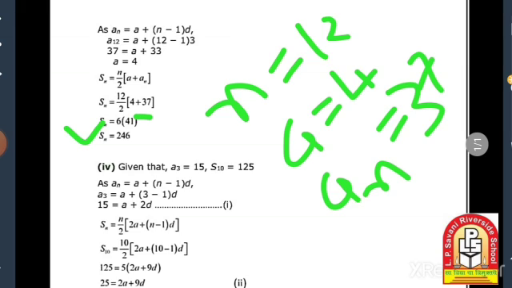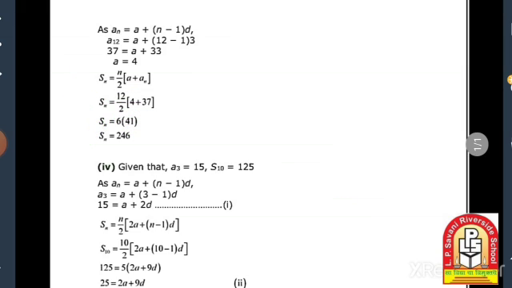Here 4 plus 37 is 41, which I put in the equation, and 2 sixes are 12, so we got 6 in the bracket 41. Then Sn is equal to 246.